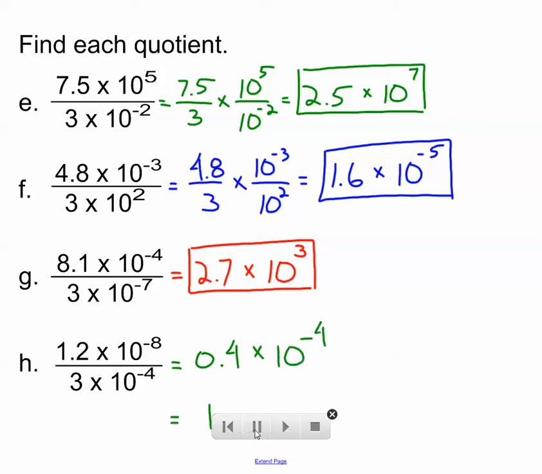That is not in scientific notation. So what I'm going to do is multiply this 0.4 by 10, and that'll give me 4. Then in turn, I have to divide this 10 to the negative 4th by 10, which is going to subtract 1 from its exponent. And then it's in scientific notation. Now this number is bigger than 1.